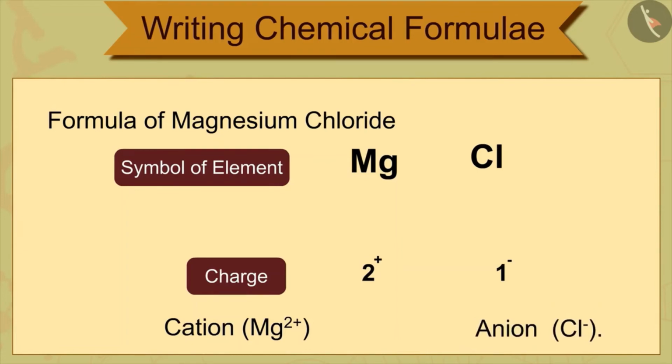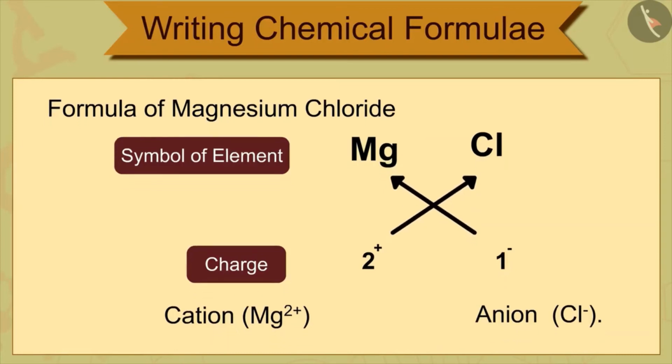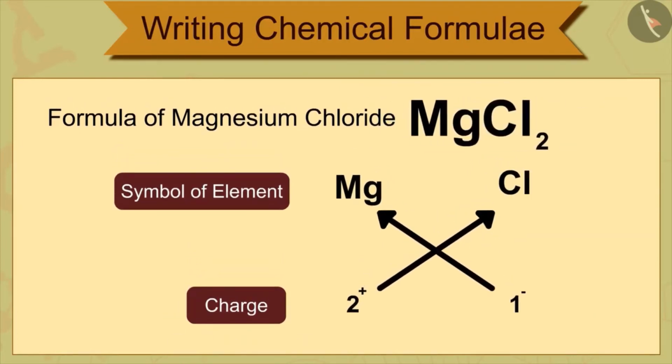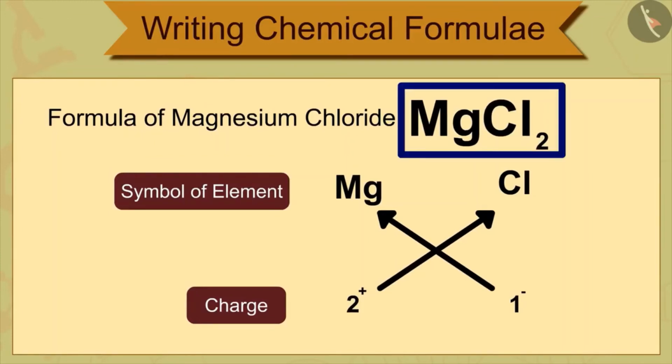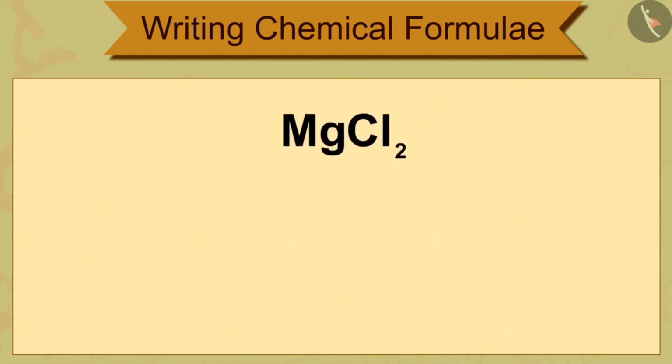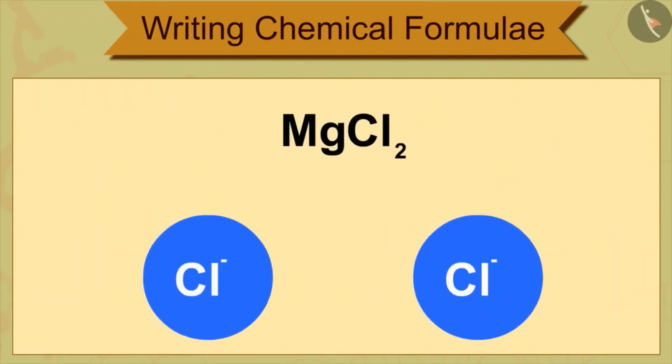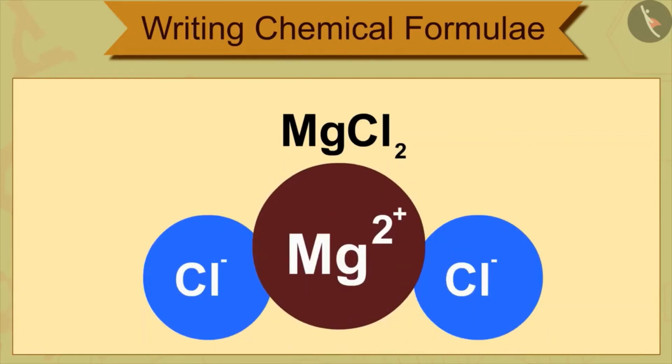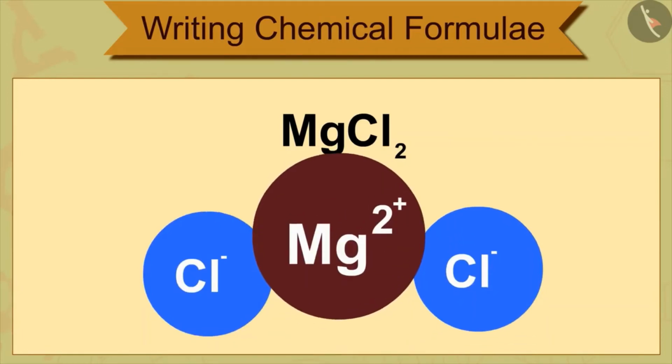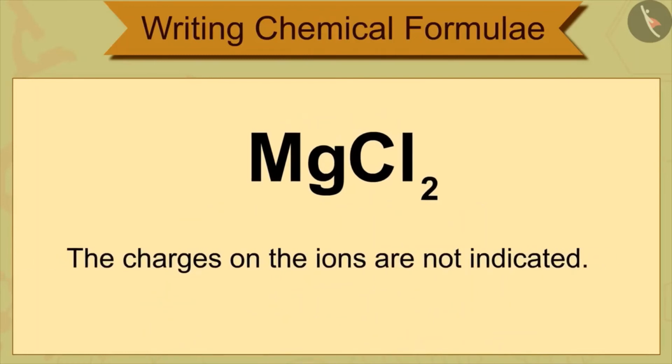Then their charges are crisscrossed to get the formula, that is MgCl2. Thus, we see that the molecule of MgCl2, that is magnesium chloride, has 2 chloride ions Cl- for each magnesium ion Mg2+. Note that in the formula, the charges on the ions are not indicated.